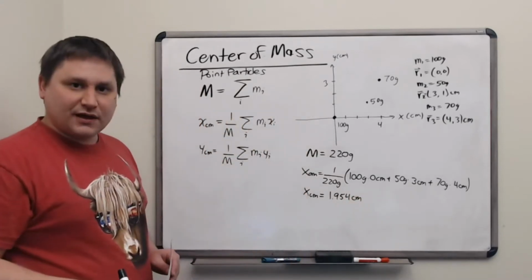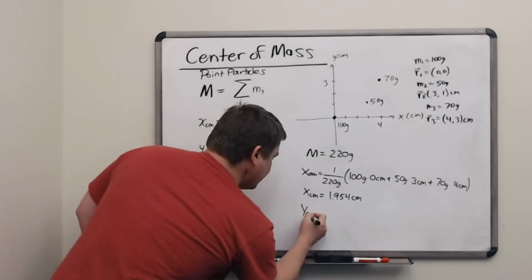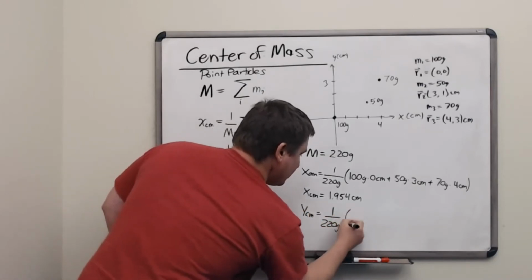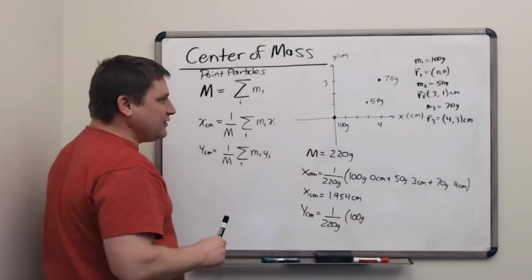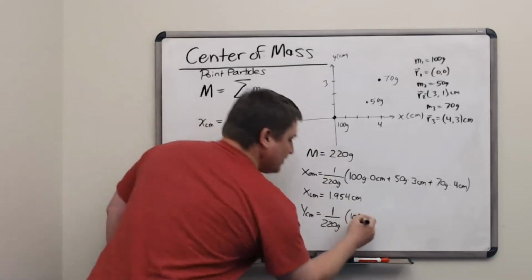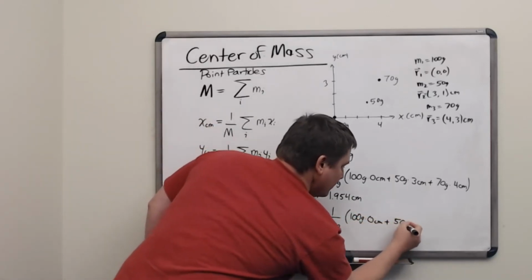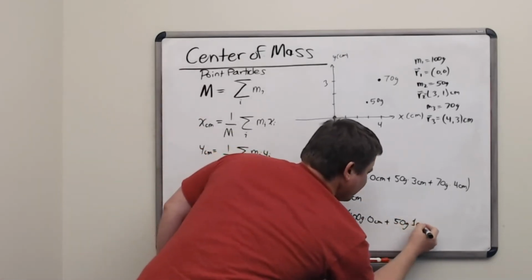centimeters. For the y-coordinate of the center of mass, we would do the same type of sum, with the same masses, but now with the y-coordinates. The y-coordinate of mass 1 is still 0. The y-coordinate of mass 2 is 1 centimeter.